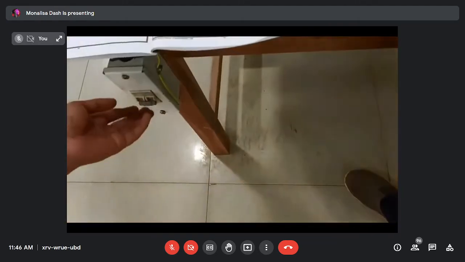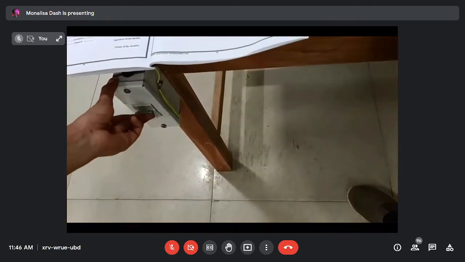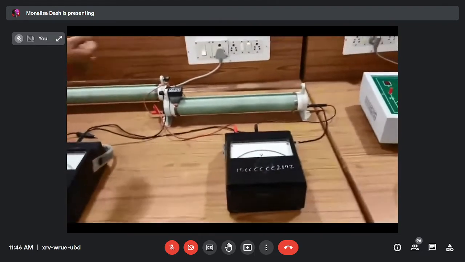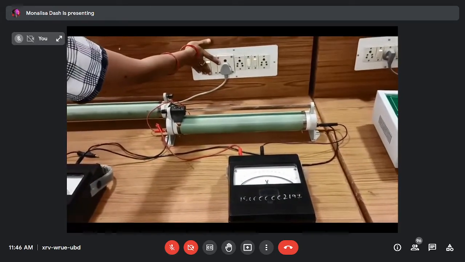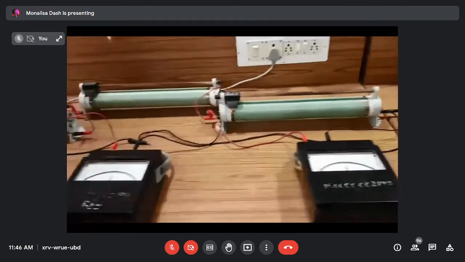First, MCB on. Switch on the single phase AC supply 230 volt and 50 Hz.